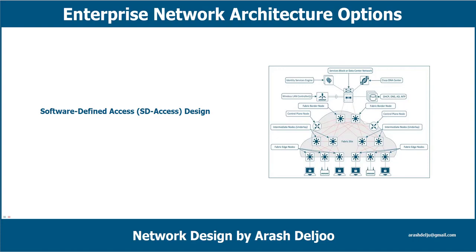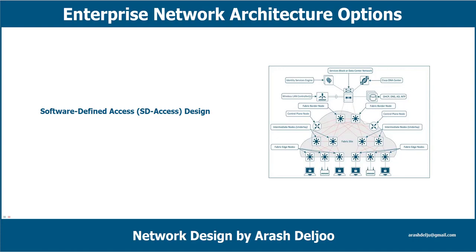Built on the principles of intent-based networking, SD-Access helps organizations enable policy-based automation from the edge to the cloud. SD-Access gives network architects the tools to orchestrate key business functions like onboarding, secure segmentation, IoT integration, and guest access.